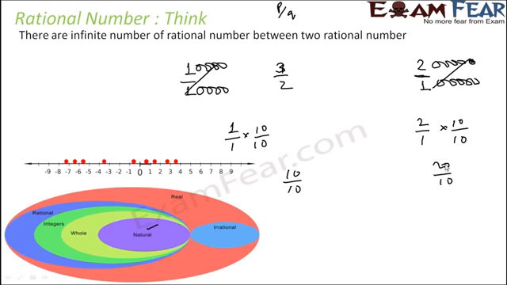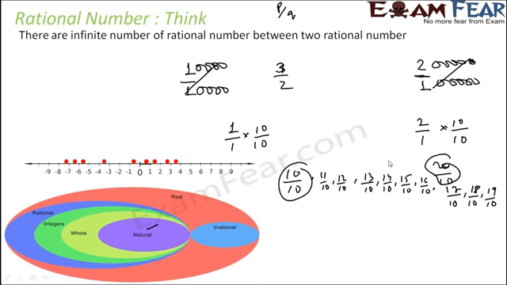Now tell me how many numbers are there between 10/10 and 20/10. There are so many actually. You can write 11/10, 12/10, 13/10, 14/10, 15/10, right? Then we have 16/10, 17/10, 18/10, 19/10. All these numbers are between 1 and 2.